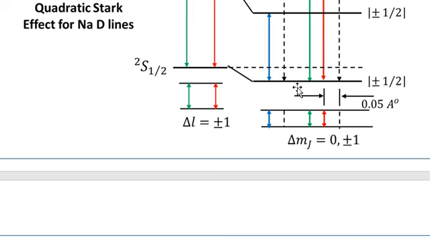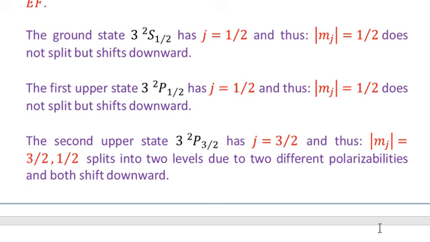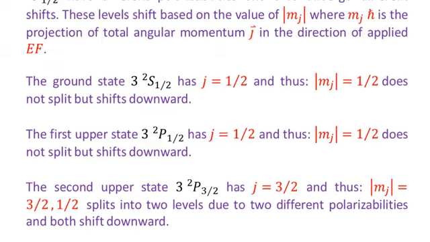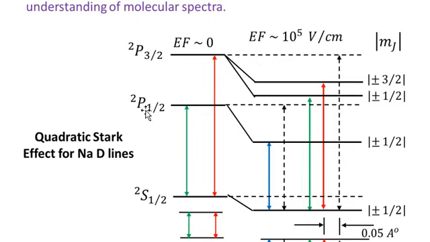Similarly, the first upper level, the 2p1/2 level, has j equal to 1/2 and mj mod equal to 1/2, does not split but shifts downward. In the figure, you can see that this first excited level is shifted downward, but it is not split into more levels. It is again a single level that shifts downward.